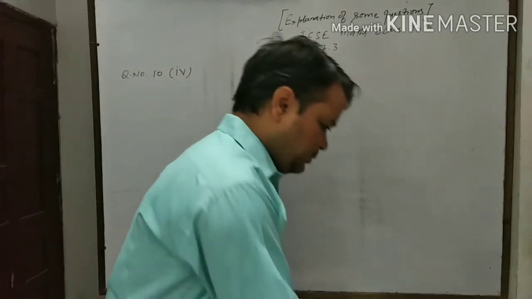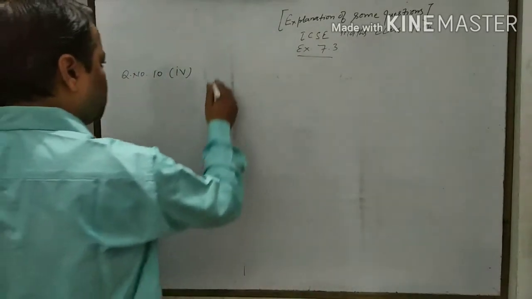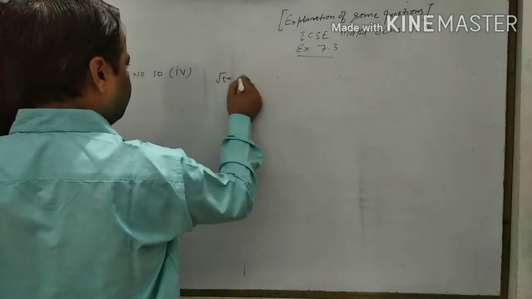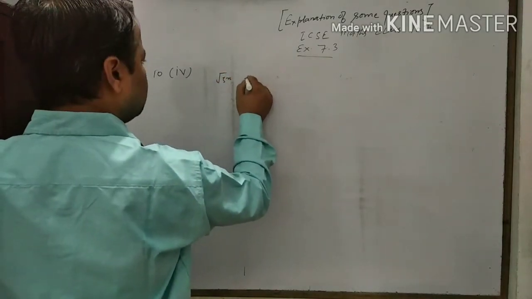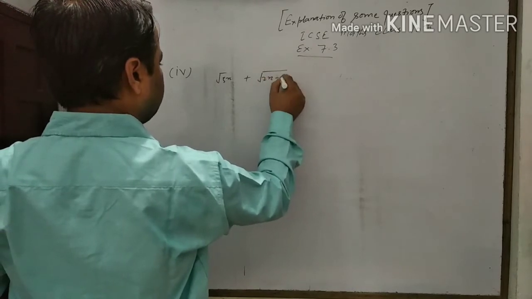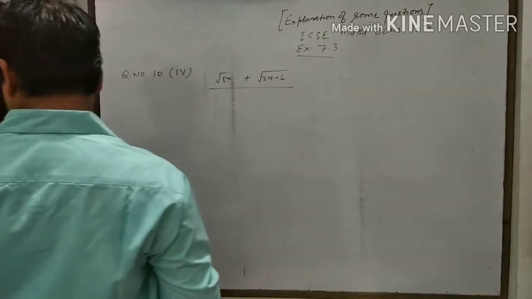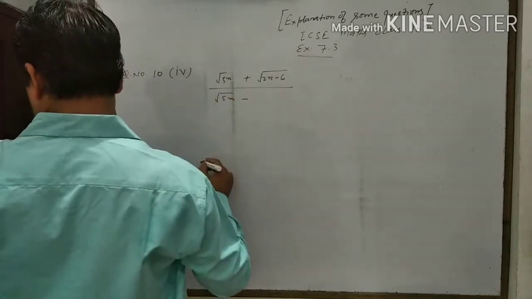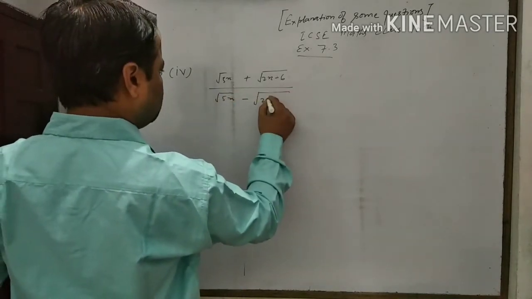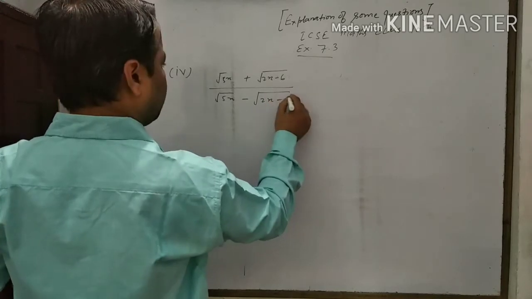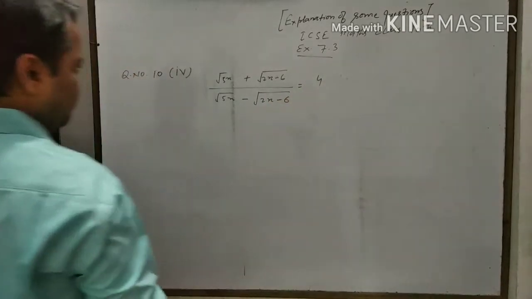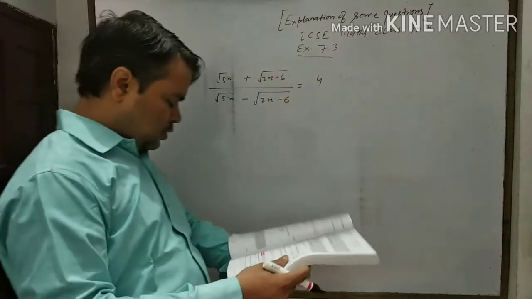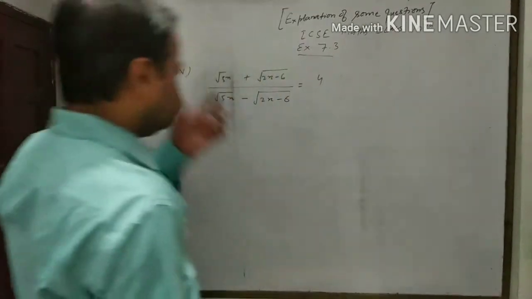What is the question? The question is (under root 5x plus under root 2x minus 6) whole upon (under root 5x minus under root 2x minus 6) is equal to 4. We have to find the value of x.